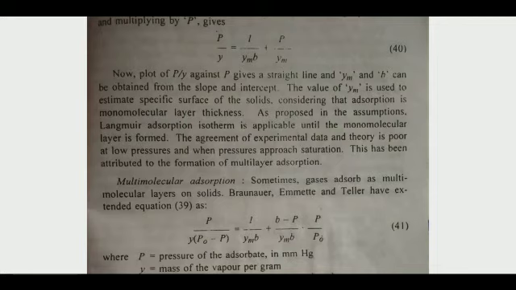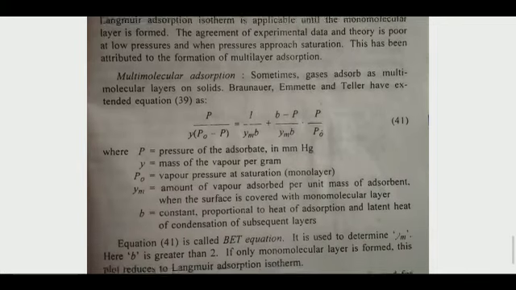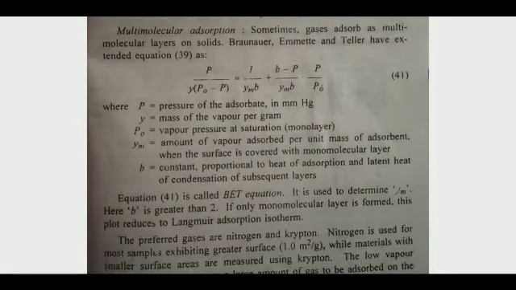Next, multi-molecular adsorption. Sometimes gases adsorb as a multi-molecular layer on these surfaces. These multi-molecular layer adsorption studies can be given by an equation called the BET equation, Brunauer Emmett Teller equation.